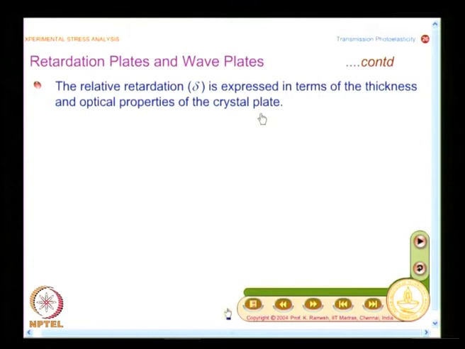When I say optical property, what are the properties? I have refractive index n1 and refractive index n2, or you can also classify it as ordinary ray refractive index and extraordinary ray refractive index, that is fixed for a crystal. The difference between a crystal and a model is, every point in the crystal has same behavior, every point in the model in general will have different behavior depending on the stresses introduced.